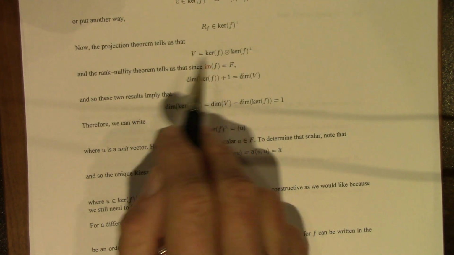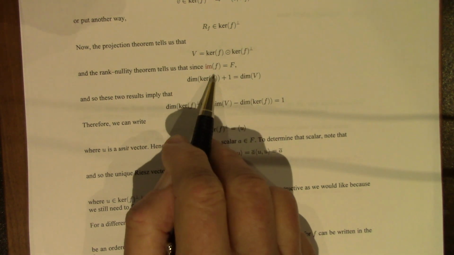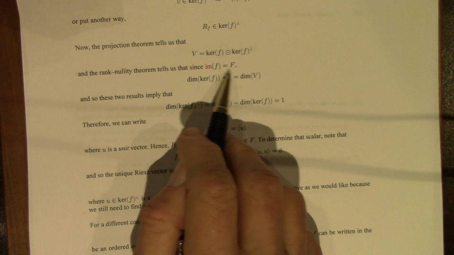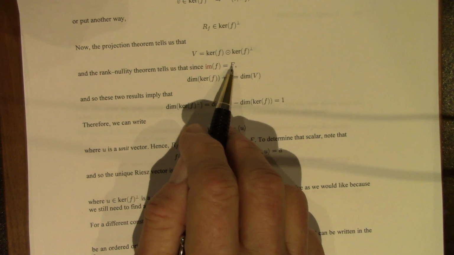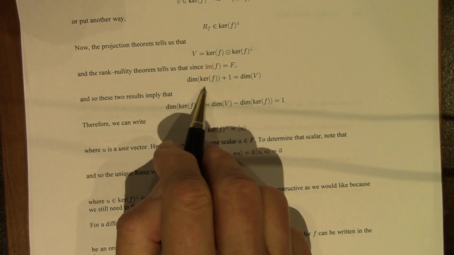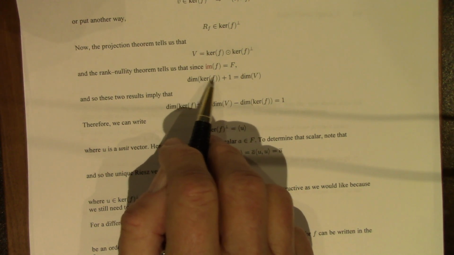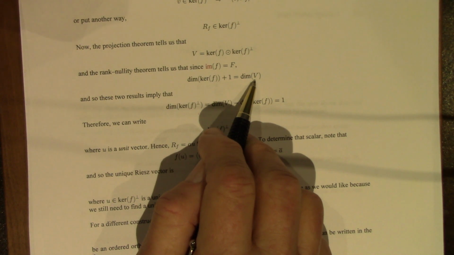And the rank nullity theorem tells us that since the image of a non-zero linear functional is the whole codomain, which is dimension 1, the dimension of the kernel plus the dimension of the image is the dimension of the domain.